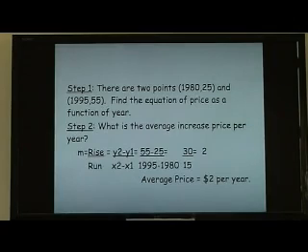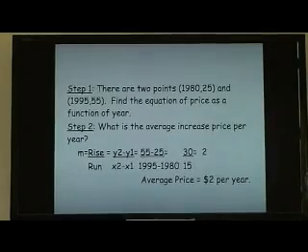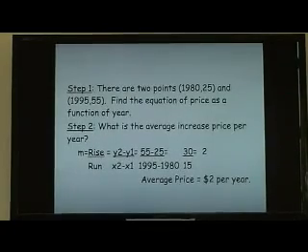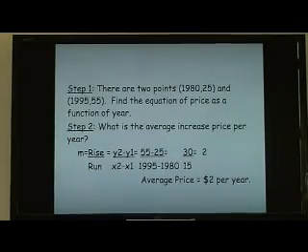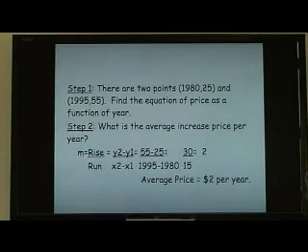Step 2, what is the average increase in price per year? To do this, we must find the slope, which is rise over run. We take y2 minus y1, which is 55 minus 25 over 1995 minus 1980, which comes down to 30 over 15, or 2. So the average price increases $2 per year.